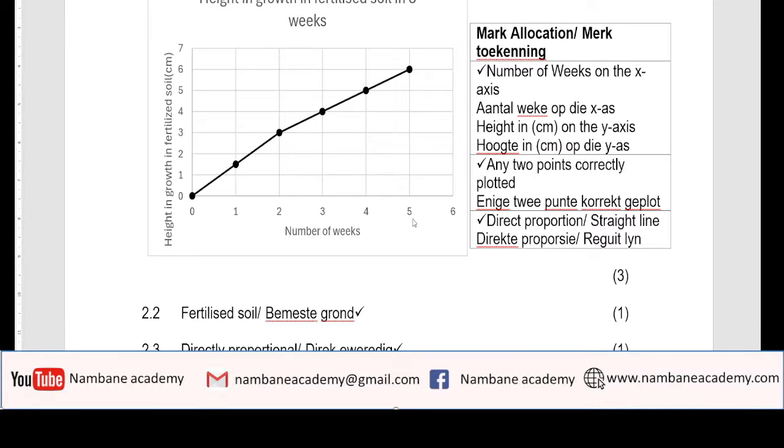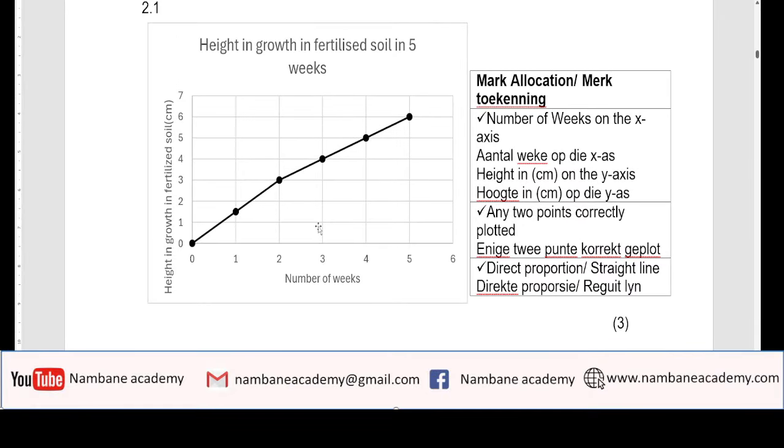And then at 2.5, the question is saying, calculate the gradient. Are you going to penalize them already for the number of weeks being wrong? Yes.